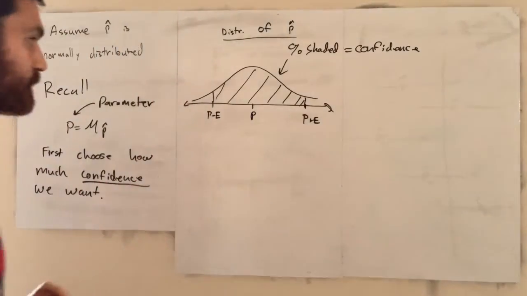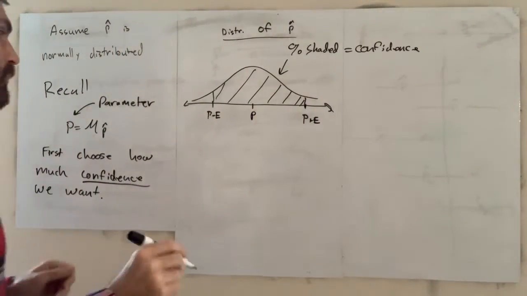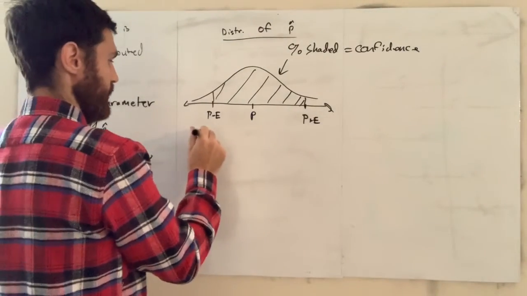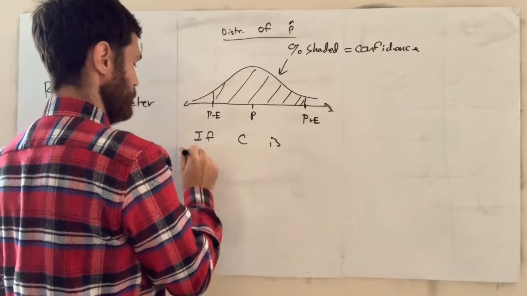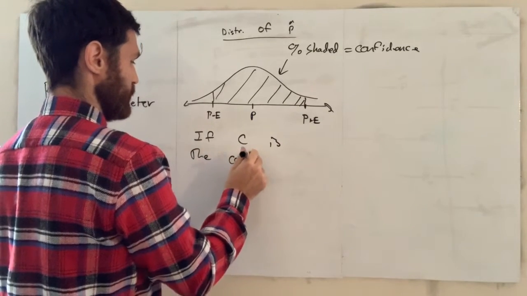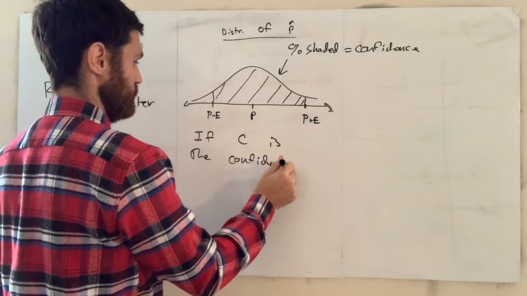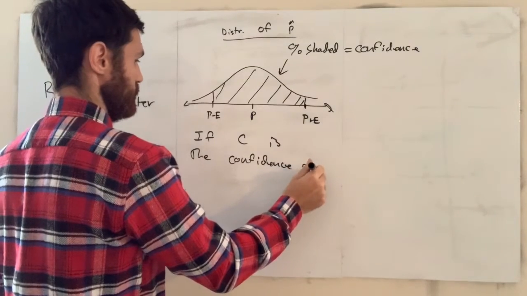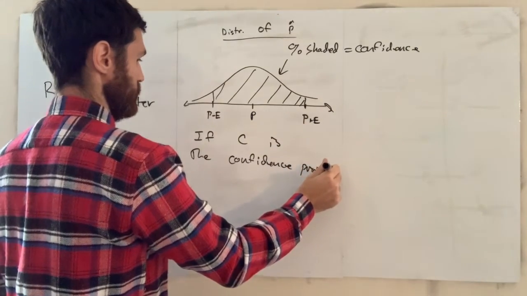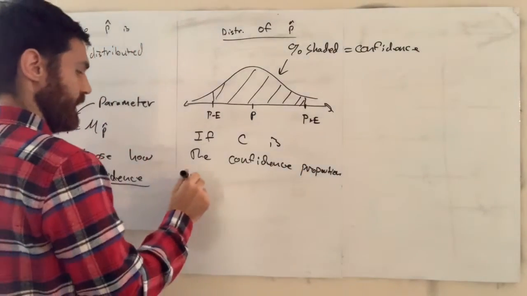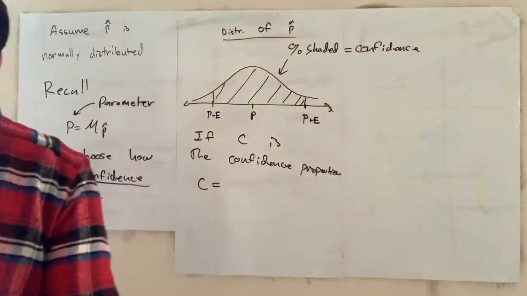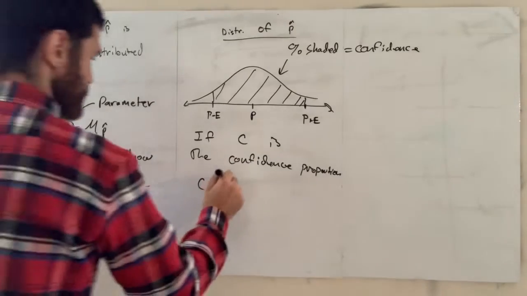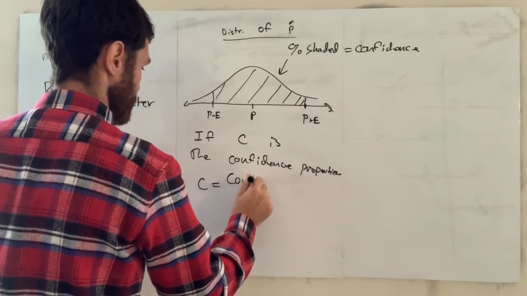All right. So what we're going to do is, if C is the confidence proportion, that means that C is just going to be equal to your confidence divided by 100.